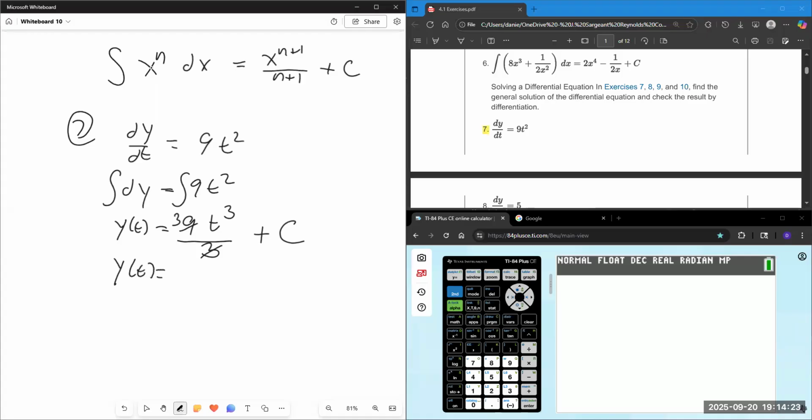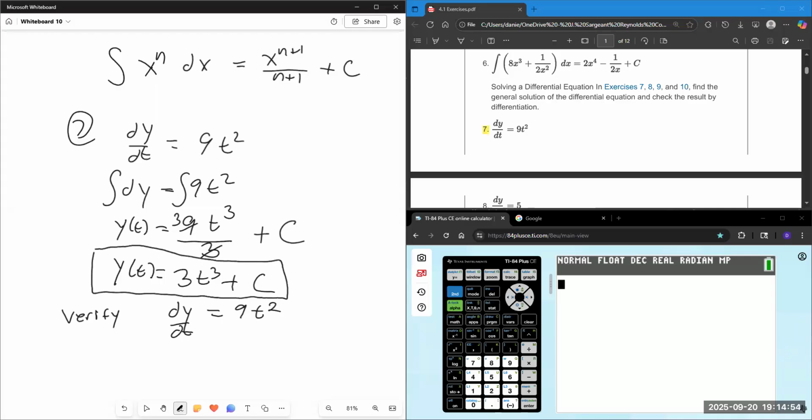Y of t is equal to 3t to the third plus c. And we're supposed to verify our answer by finding y prime of t, which is this dy dt, is 3 times 3 is 9, t to the second plus 0. So there's my dy dt is equal to 9t squared if this is my general solution here.